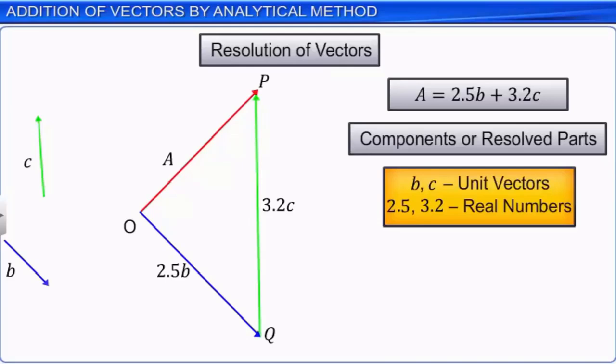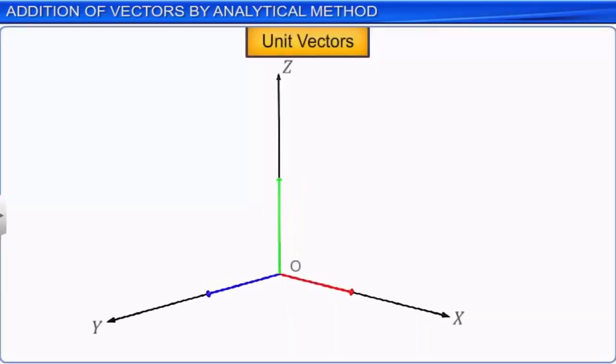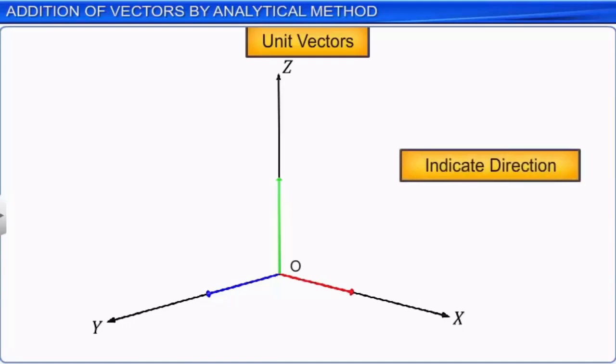You do not specify any dimension or unit for these vectors. They only indicate direction. Unit vectors along the direction of the x, y, and z-axis of the rectangular coordinate system are denoted by i cap, j cap, and k cap respectively. These three unit vectors are perpendicular to each other, as the three rectangular coordinate axes are perpendicular to each other.